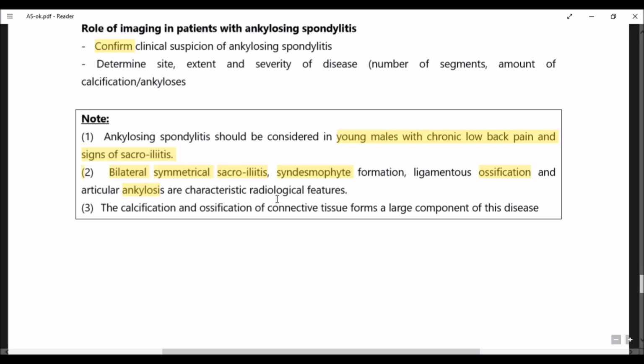Remember, my dear, calcification and ossification of connective tissue form a large component of this disease. So ossification, once again, you need to remember. Summary: young males, low back pain, sacroiliitis. Ankylosing spondylitis, symmetrical sacroiliitis, syndesmophytes, ossification are characteristic features.